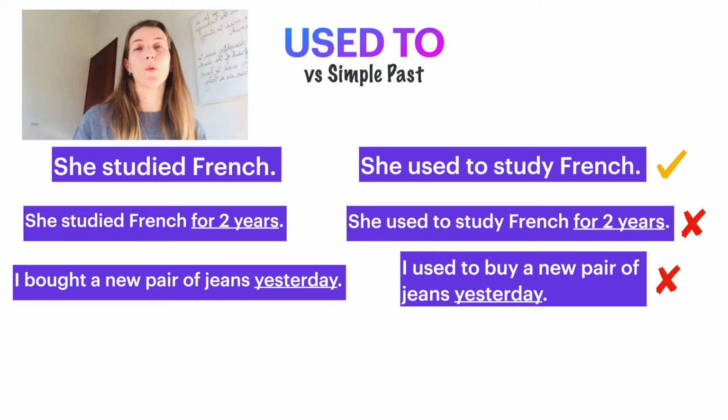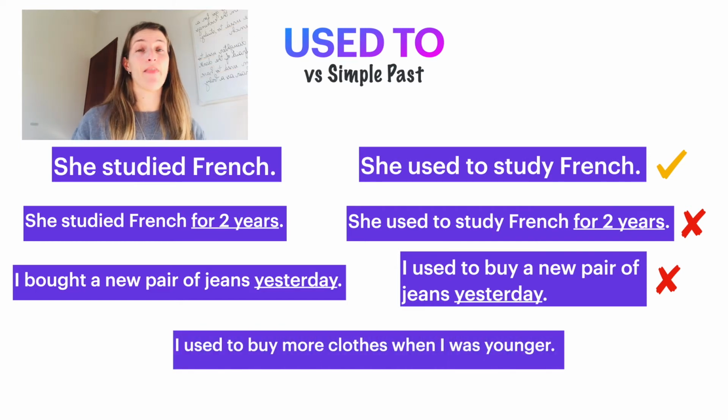Porque no estoy hablando de un hábito, sino de una acción que ocurrió en un momento específico en el pasado, ayer simplemente. Bien. I can say, for example, I used to buy more clothes when I was younger. That's okay, yes? Yo solía comprarme más ropa cuando era más joven. Porque eso era un hábito que yo tenía que se perdió con el tiempo.